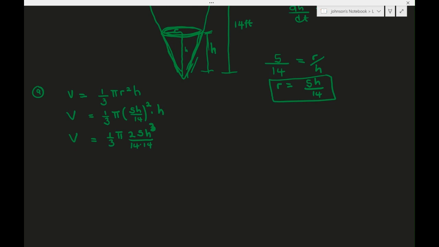We just wrote V in terms of h. It is at this point that we can now differentiate, so that we have dV/dt. All of these are constants: 25 pi over 3 times 14 times 14. And here you will just have 3 h squared dh/dt.